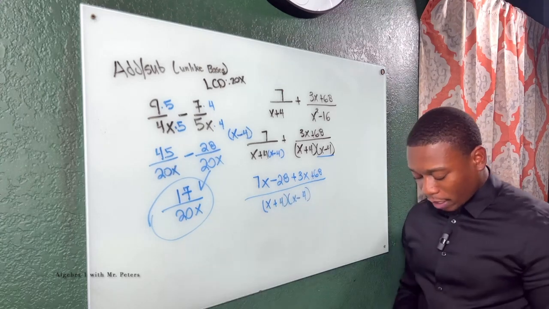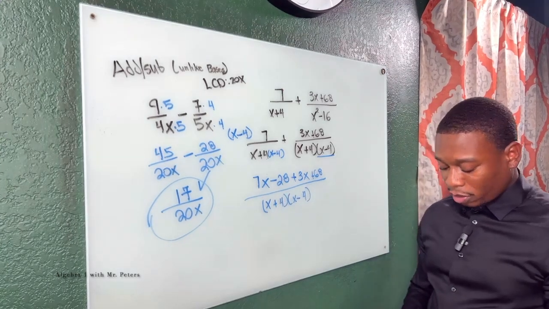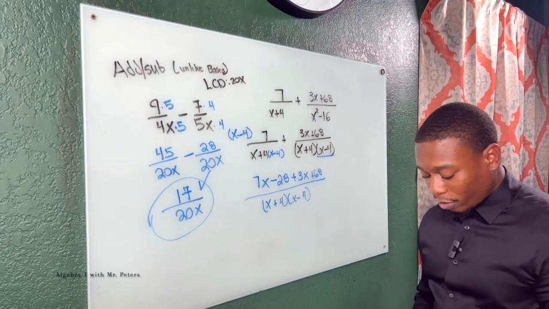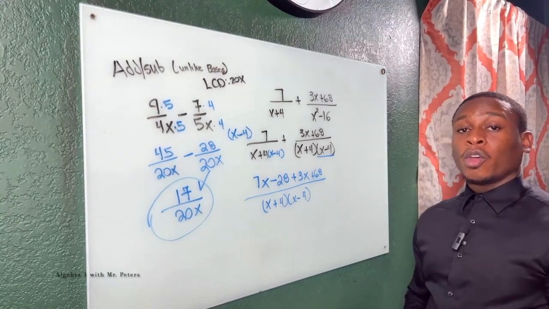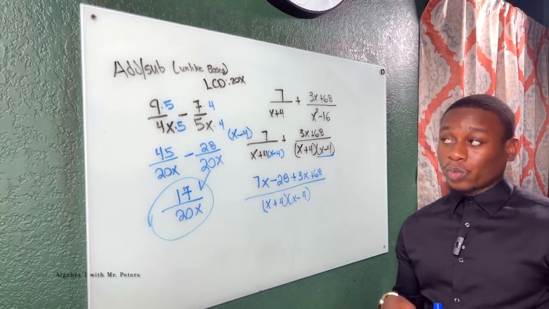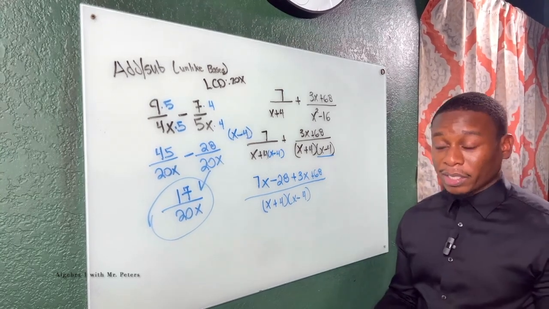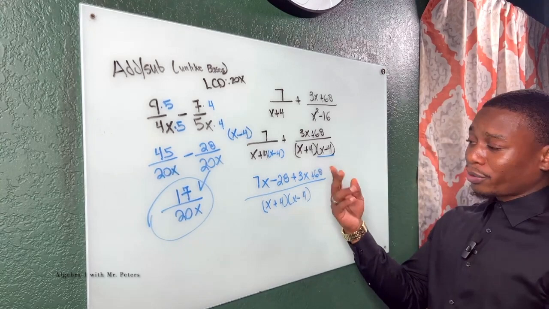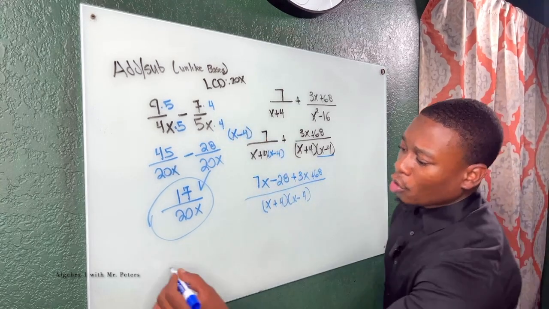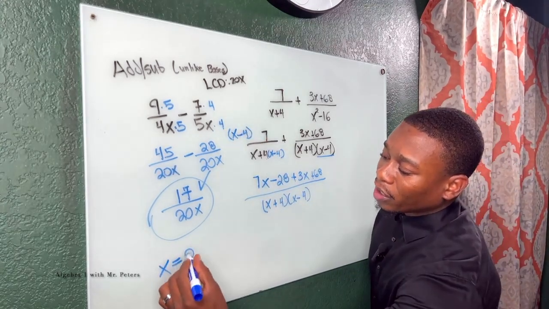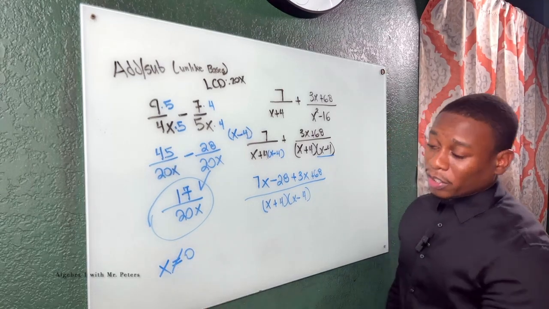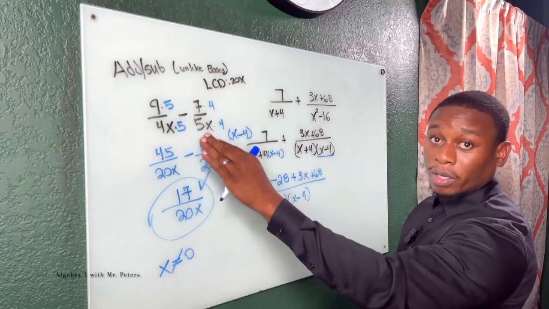So real quick, I was not going to touch on this, but when you're doing these rational expressions, we have to identify what the denominator can't be. So when we look at our denominator, let's say in this first problem, right? We know that x cannot be equal to 0, because if x is equal to 0, this would be undefined.